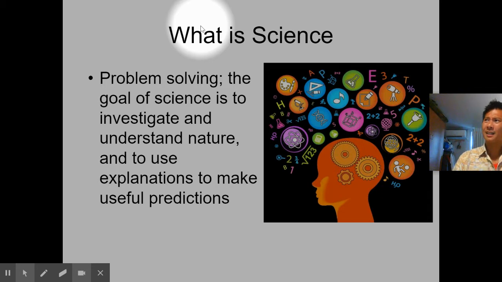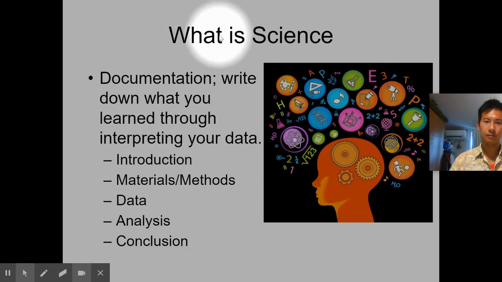Now, there's another side of science. It's not just problem solving, it's also documentation. And that's my interpretation of science: problem solving and documentation, therefore, you can collaborate. That's what makes science so powerful.